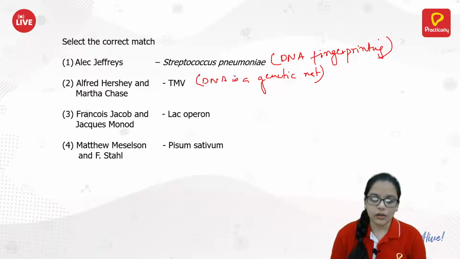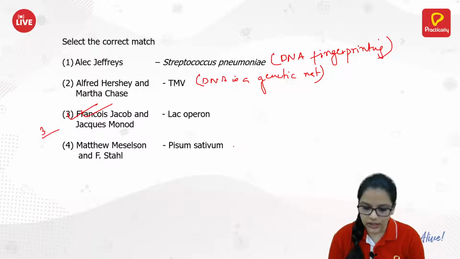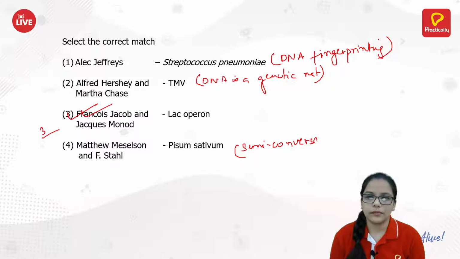Francois Jacob and Jacques Monod, they did the lac operon. Okay, that is right. Meselson and Stahl actually worked on semi-conservative nature of DNA.